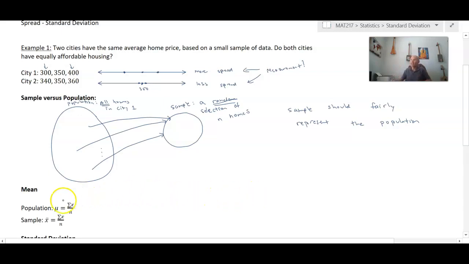So that means that in situations where we do collect data on the entire population, we can compute the mean. And similarly, if all I do is collect a sample from that population, I can still compute a mean. You can see that it's just the sum of the values divided by the number of values.